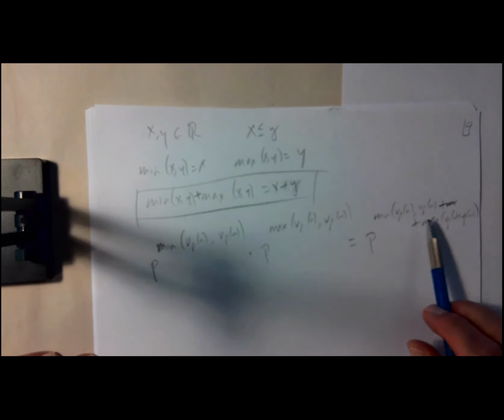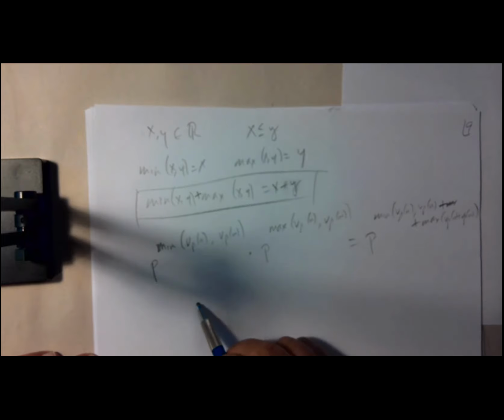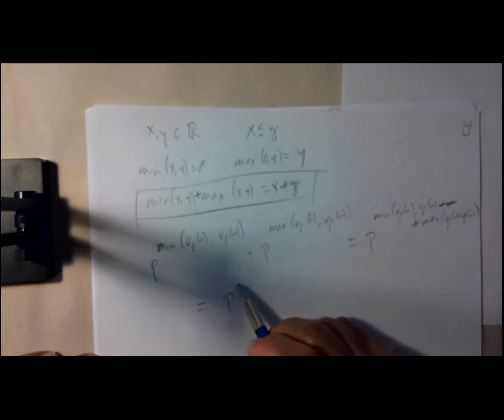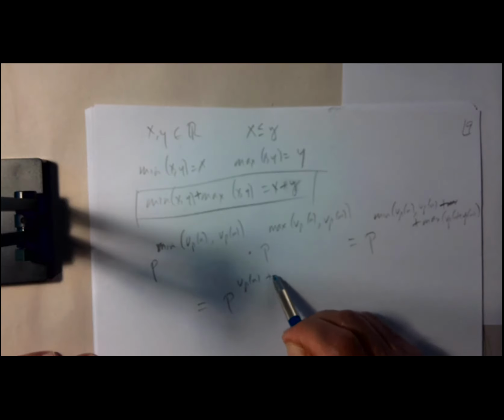But the min of 2 numbers plus the max is just the sum of the numbers. So that's p to the v_p of n plus v_p of m.